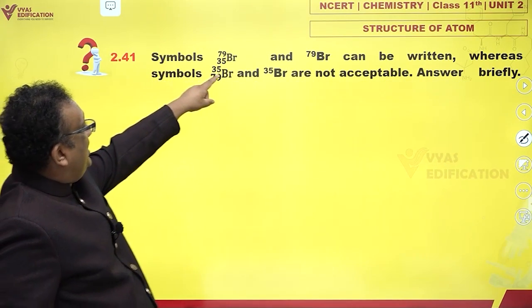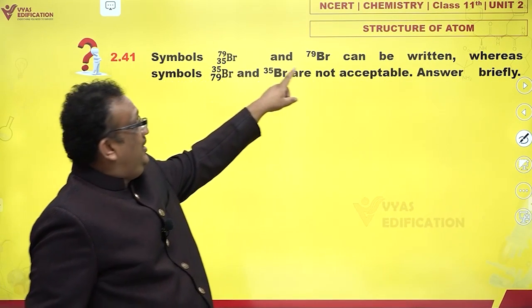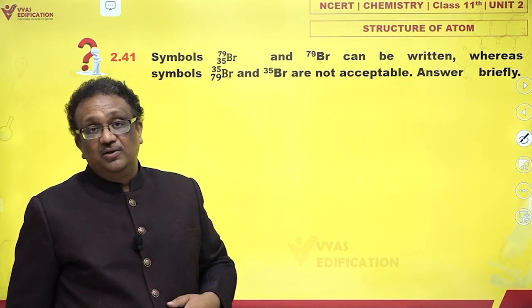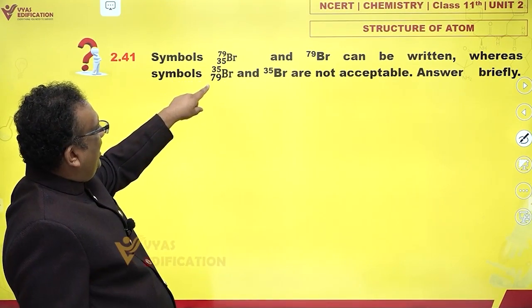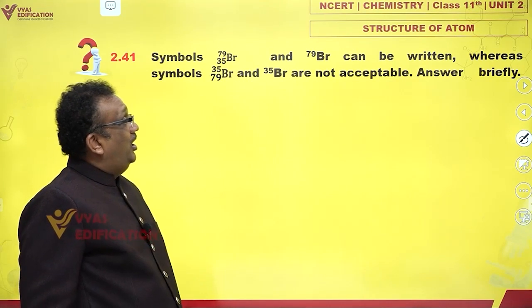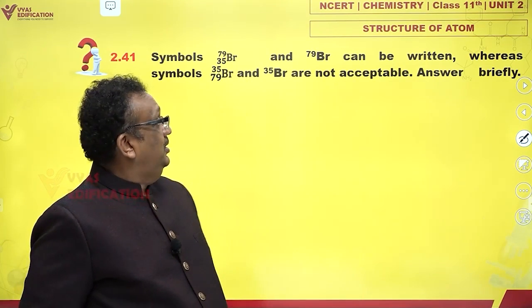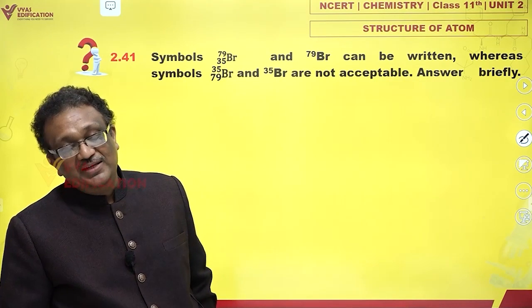Symbols like Br-79-35 and Br-79 can be written, okay? Whereas symbols like Br-35-79 and Br-35 are not acceptable. Answer briefly. Yes.